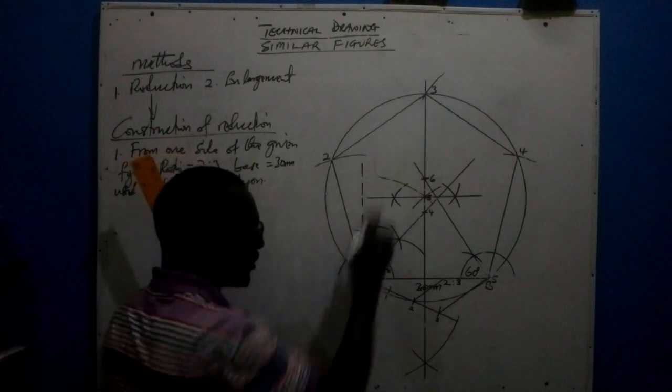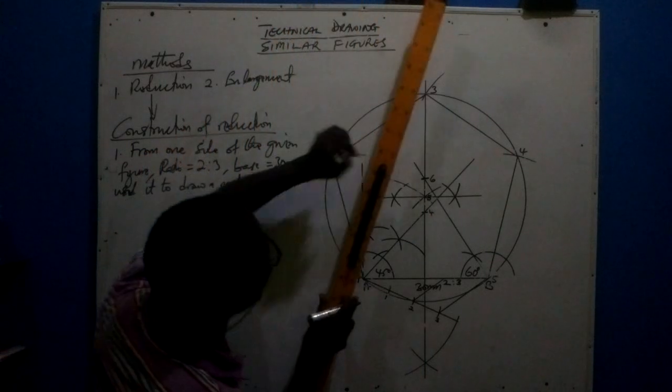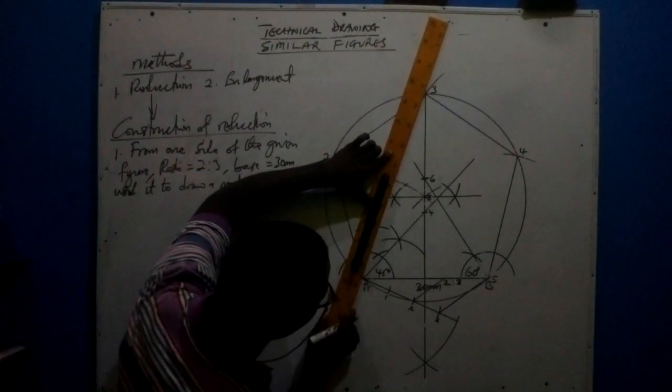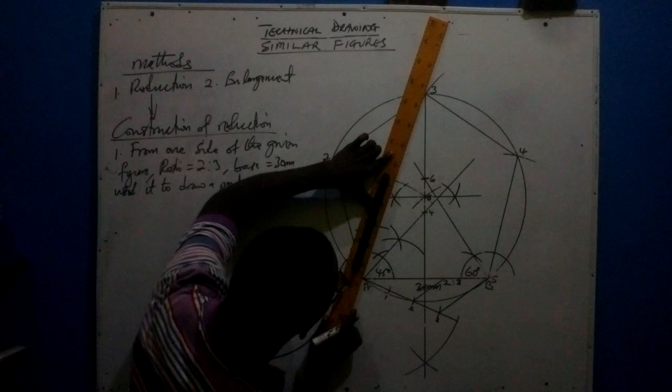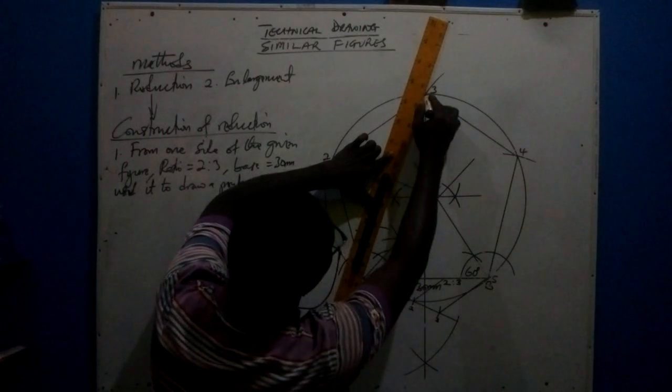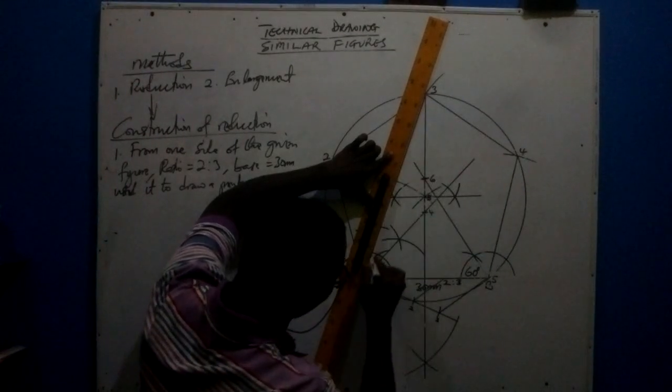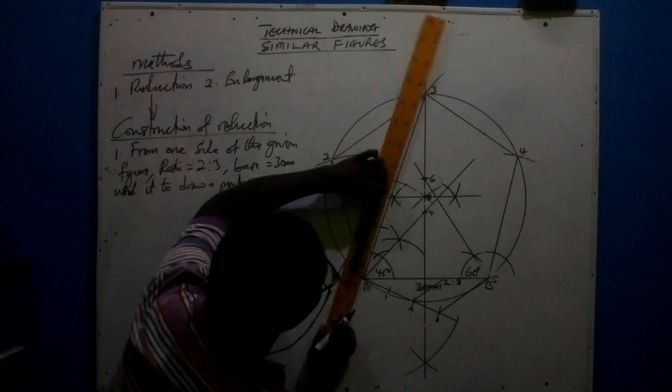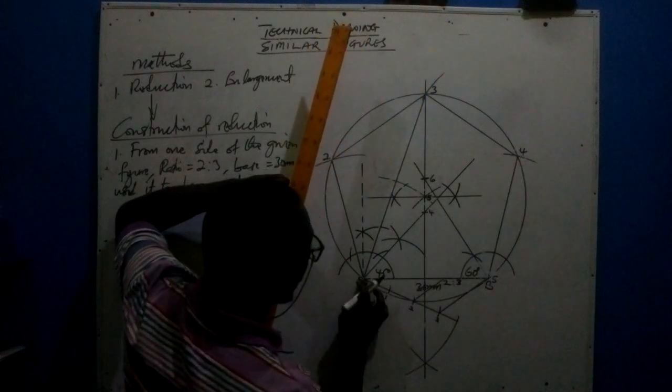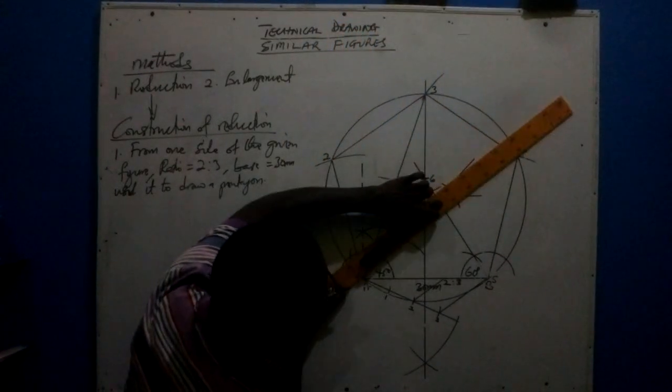But has 3 joined? No. Then you join the 3 to point 1. Has 4 joined to point 1? No. Then you do that.